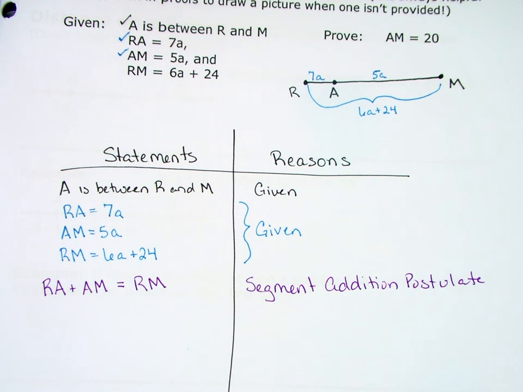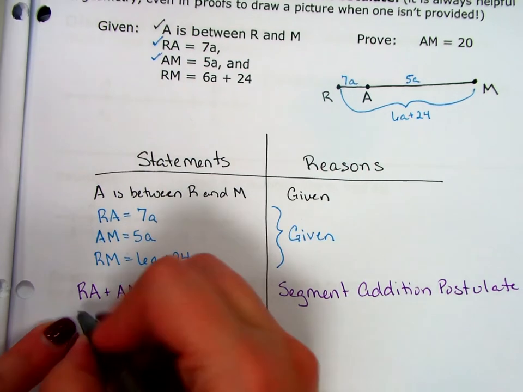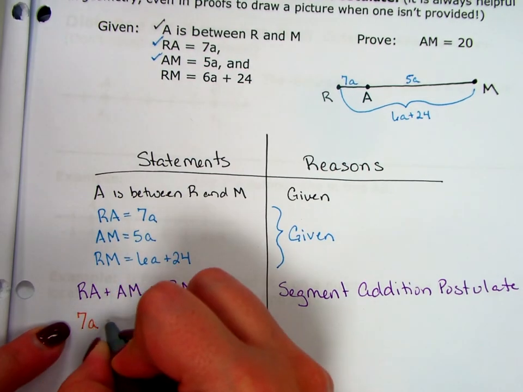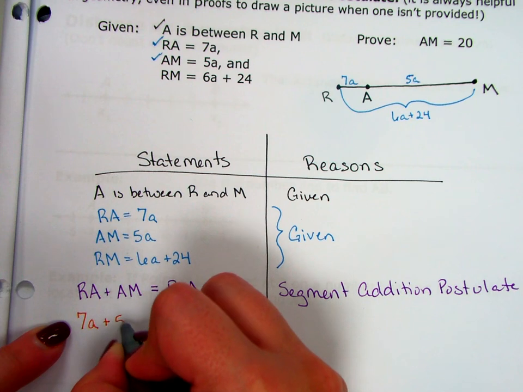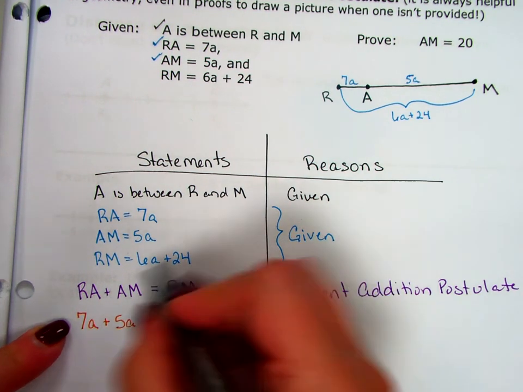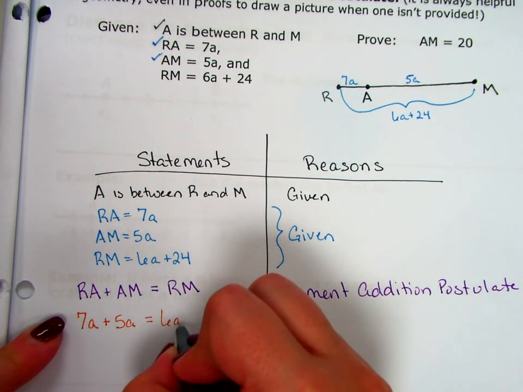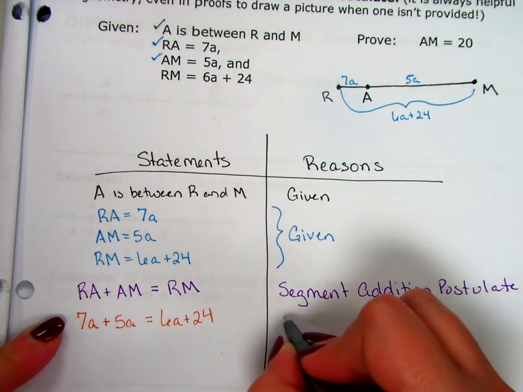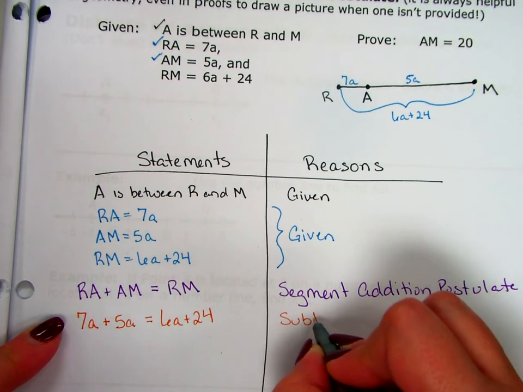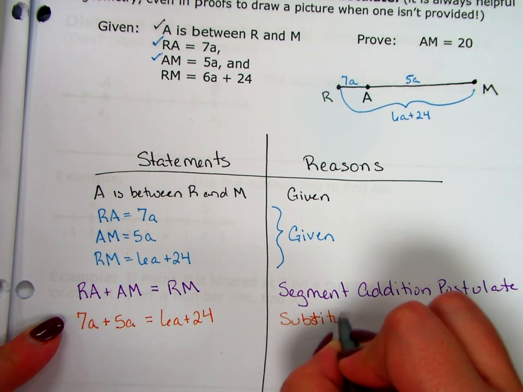That's an important step. So now what can I do? Substitute. Now I can substitute in. RA is 7A, plus AM is 5A. You can do all your substitution in one step. RM is 6A plus 24. And that is all substitution.